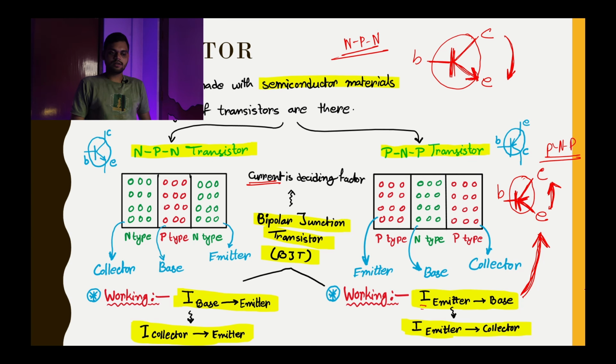So these are current regulated transistors. As you have seen, I am talking about the current flow, a little bit of current flowing from base to emitter or emitter to base. So it's current regulated. So these transistors, like NPN transistors and PNP transistors, are current regulated transistors, also known as BJT, bipolar junction transistors.